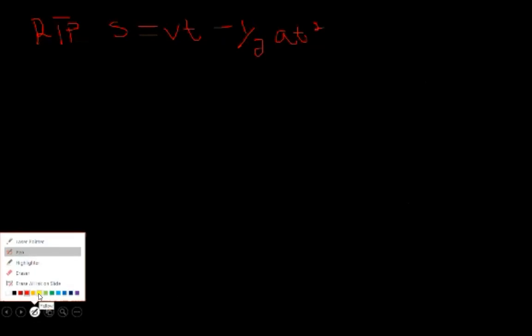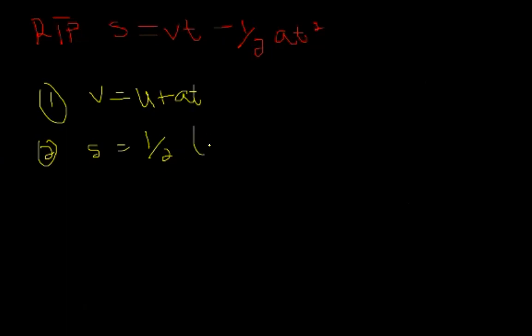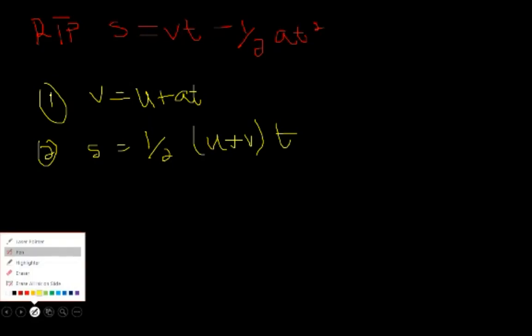We are still using the first equation of motion and substituting it into the second equation of motion. V is equal to U plus AT. Second one, S is equal to a half U plus V by T. Substituting the first one, number 1, into number 2.